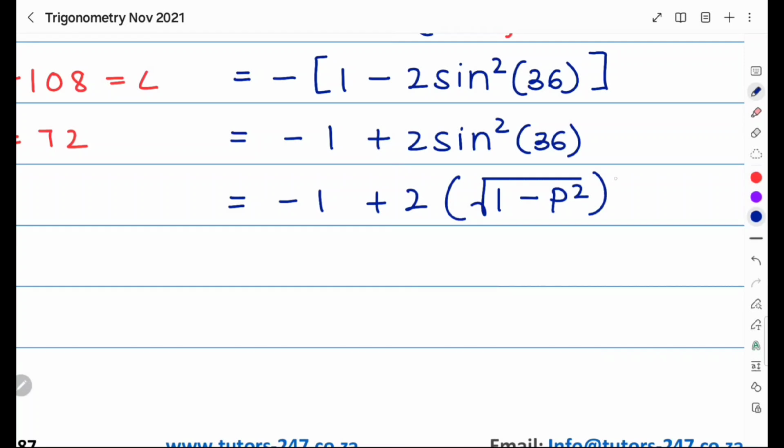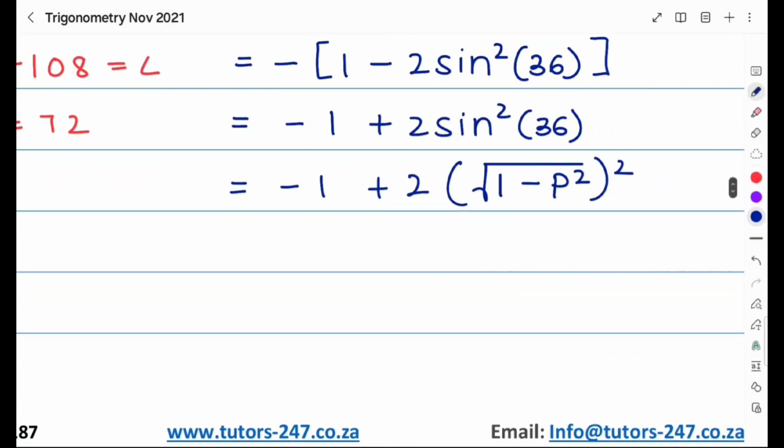Don't forget that it is not just sine, it is sine squared. So you have to square this bracket. And we know that the square root and the squared will end up cancelling each other out, leaving us with negative 1 plus 2 into 1 minus p squared.